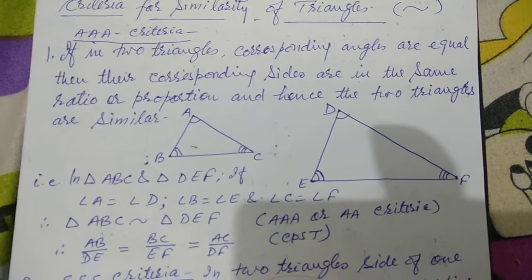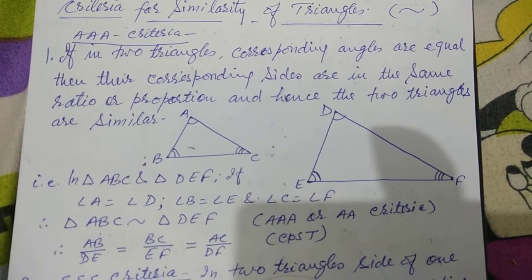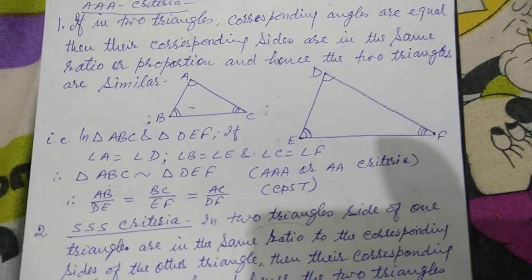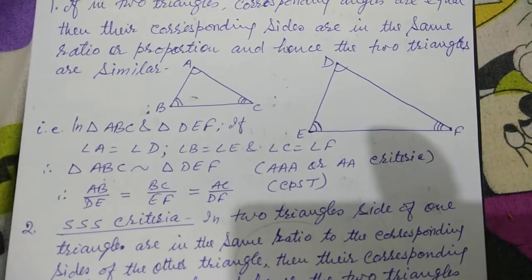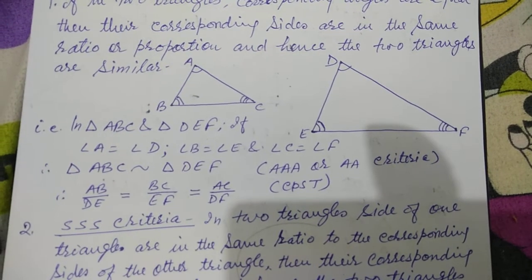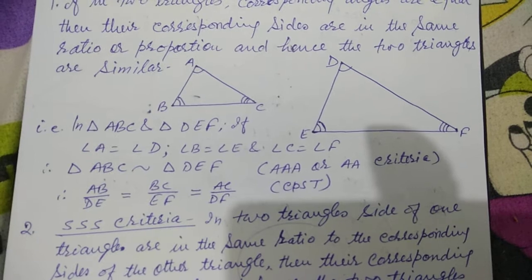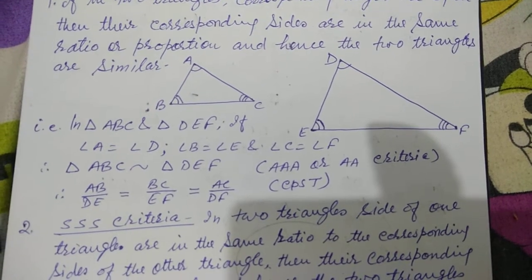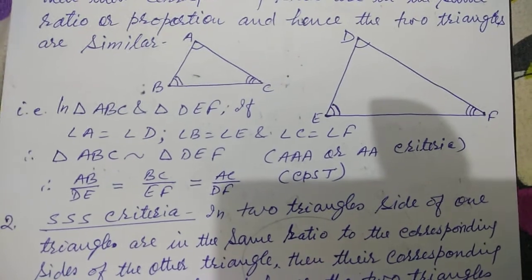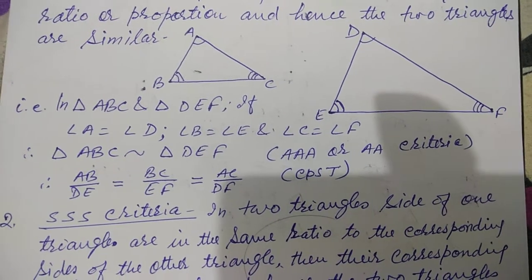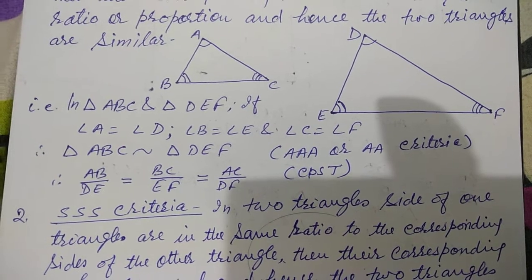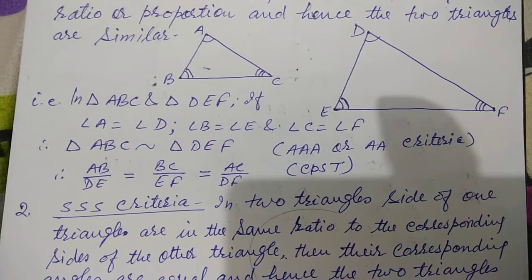As you can see, let in triangle ABC and triangle DEF, angle A is equal to angle D, angle B is equal to angle E, and angle C is equal to angle F. Therefore, triangle ABC is similar to triangle DEF. This criteria is known as AAA criteria or AA criteria.